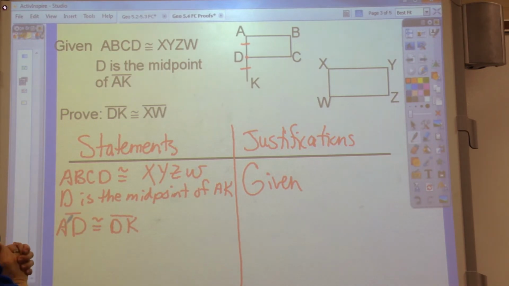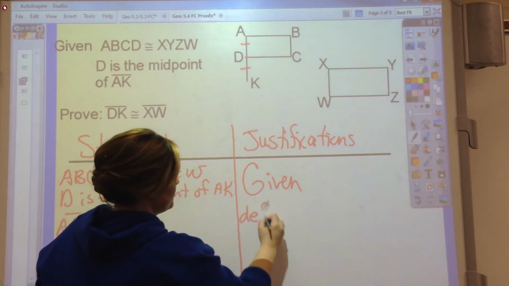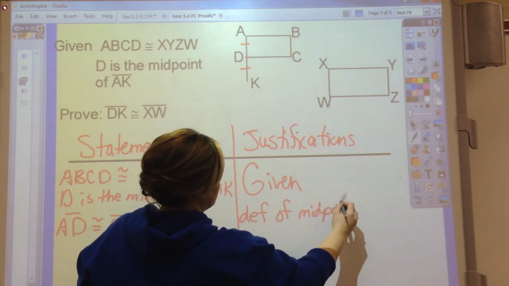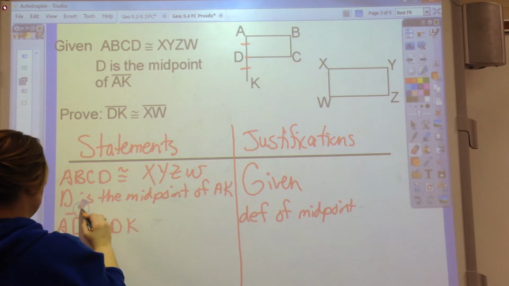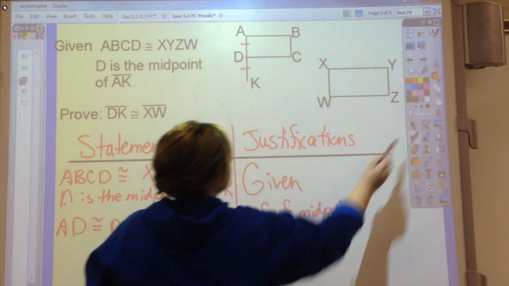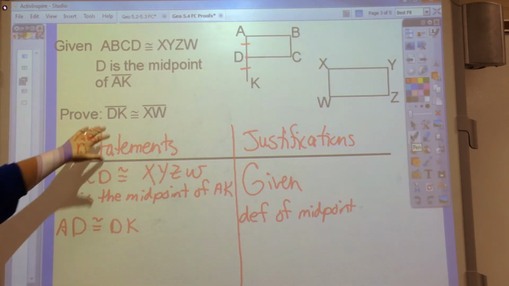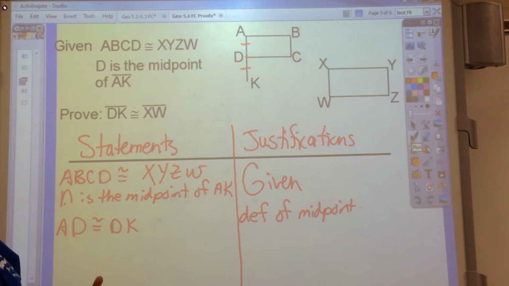And now I can say, oh, definition of midpoint, true? I actually know that their lengths are congruent. How could I actually say their values were congruent? If I know their lengths are congruent, I know that they are congruent because of the segment congruence theorem. Agreed?